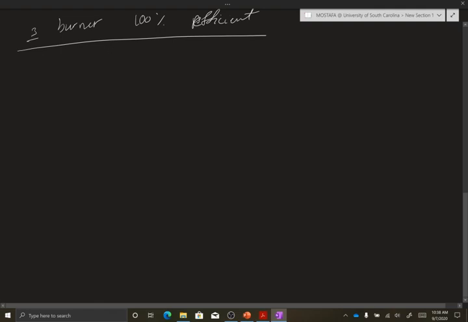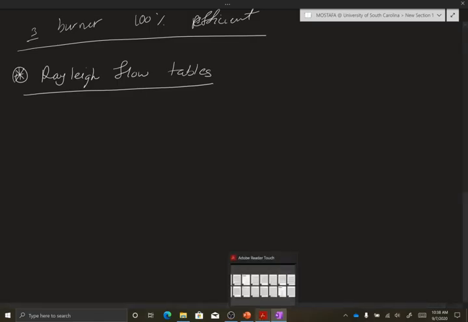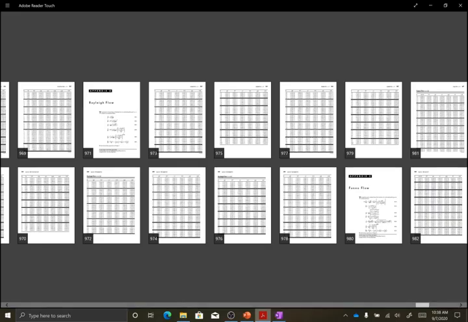So the first thing you need to do is go to the Rayleigh flow tables. Of course, these tables are located at the end of your book. I have a PDF version of your book here.